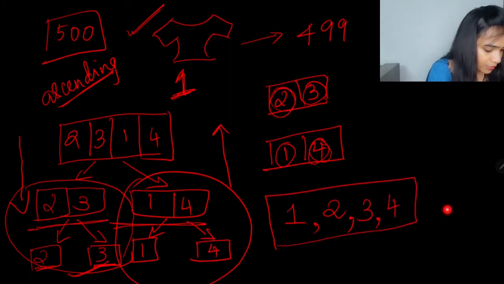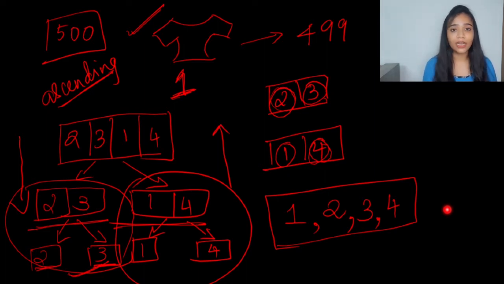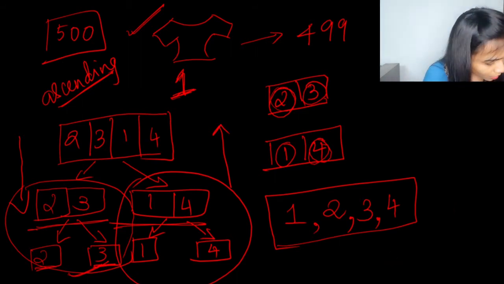Thus this gives us our sorted array. This again uses our divide and conquer strategy, which is recursion. You keep breaking down the array till we reach only one element, and then we start merging them by using sorting logic.